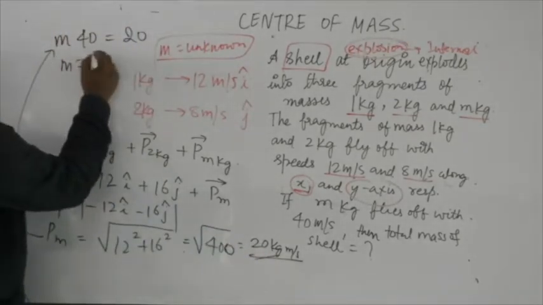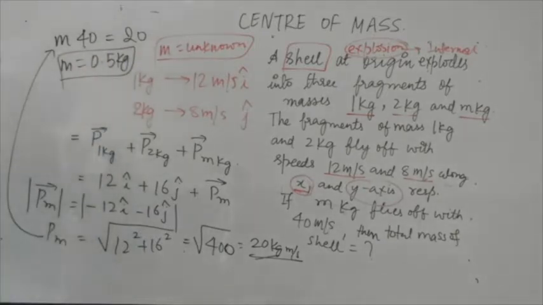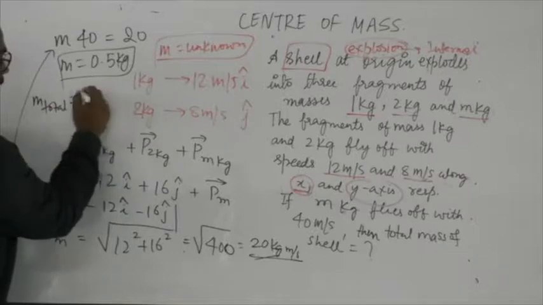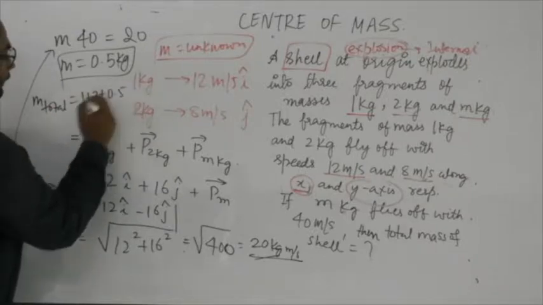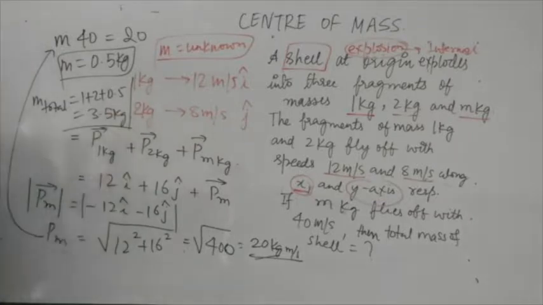That means the mass will be 0.5 kg. Okay, so m is 0.5 kg, so the total mass is 1 plus 2 plus 0.5, that is 3.5 kg.